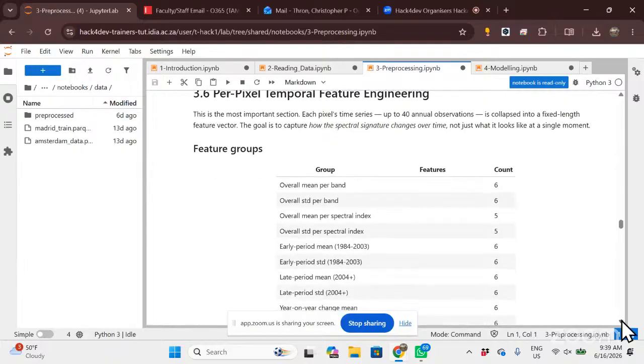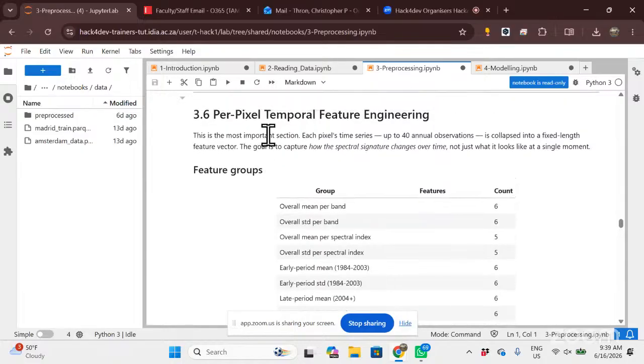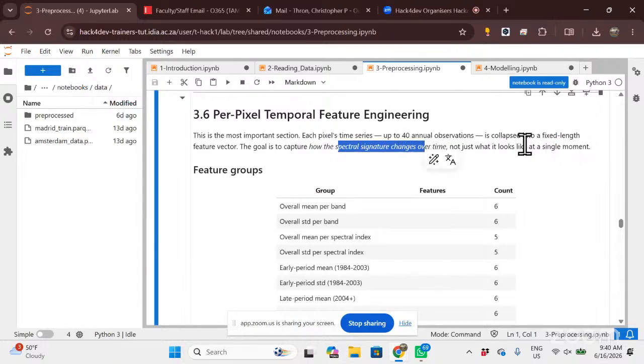All right. So here it says this is the most important section. As I've been mentioning, each pixel's time series, up to 40 annual observations, is collapsed into a single vector so that we can use that vector for prediction. So we want to see how the spectrum changes over time.